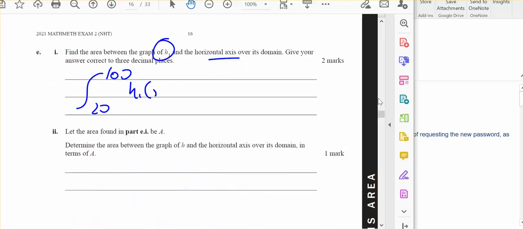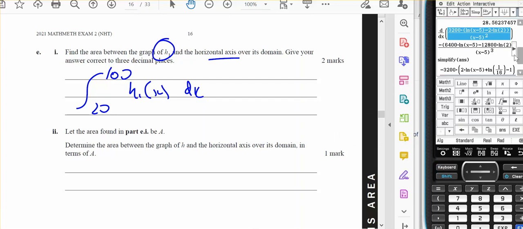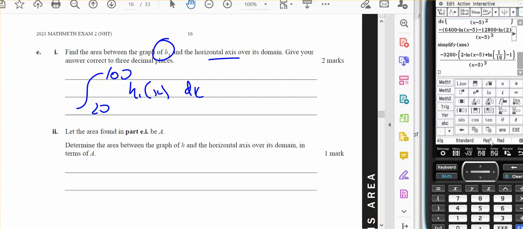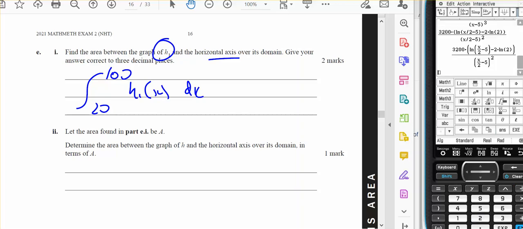The integral of h1 x dx, throw that in the calculator. So what have I got in my calculator? I'm going to have this, and I'm going to bring up my keyboard and copy it. I'm going to come down and paste, and I'm going to replace the x with x divided by 2 and the x with x divided by 2. And that's going to give me that, and I've simplified that answer. We get the same as what we had.